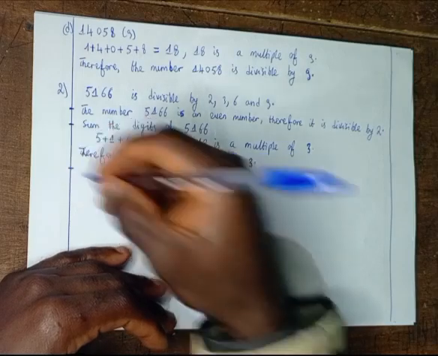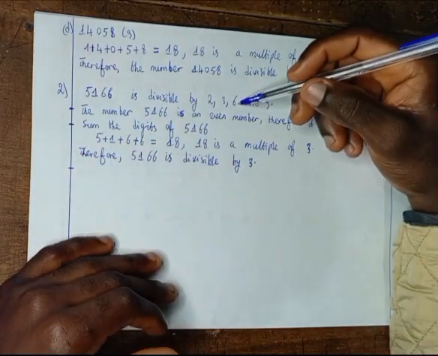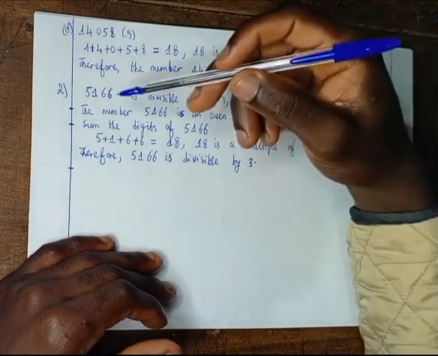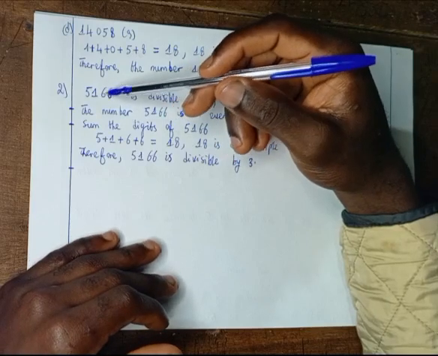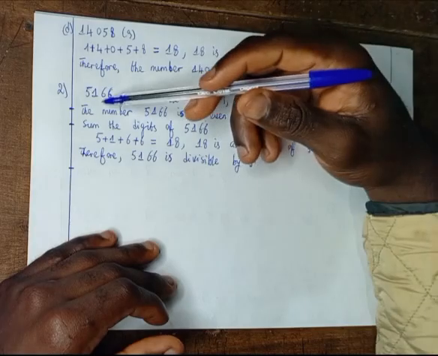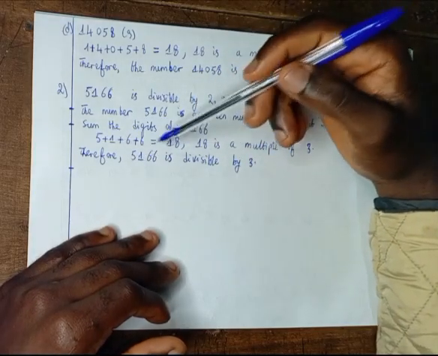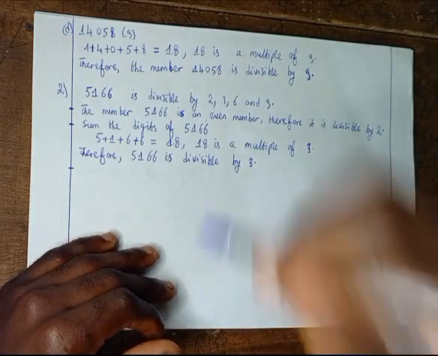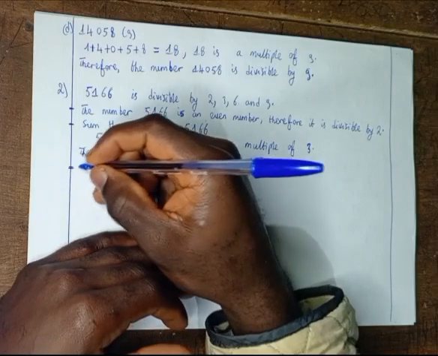We go now to the next one. We have to check whether the number is divisible by 6. We know a number is divisible by 6 if it is divisible by 2 and 3. We can see here and here the number 5,166 is divisible by 2 because it is even. It is divisible by 3 because the sum of its digits is equal to 18, which is a multiple of 3. So we can conclude that it is divisible by the number 6. Write this down.